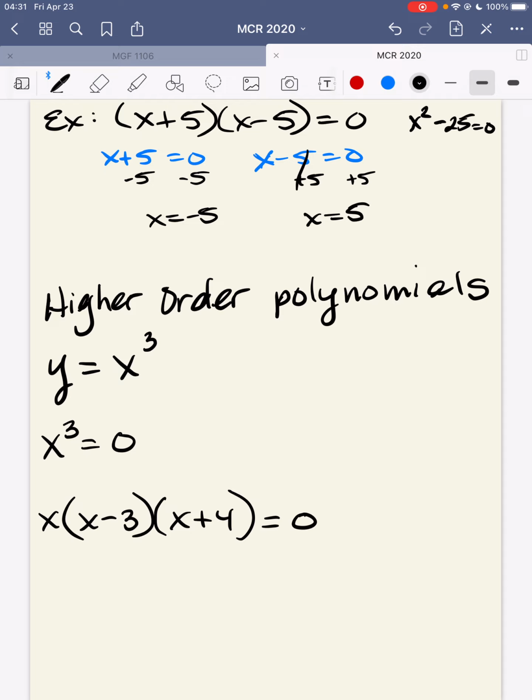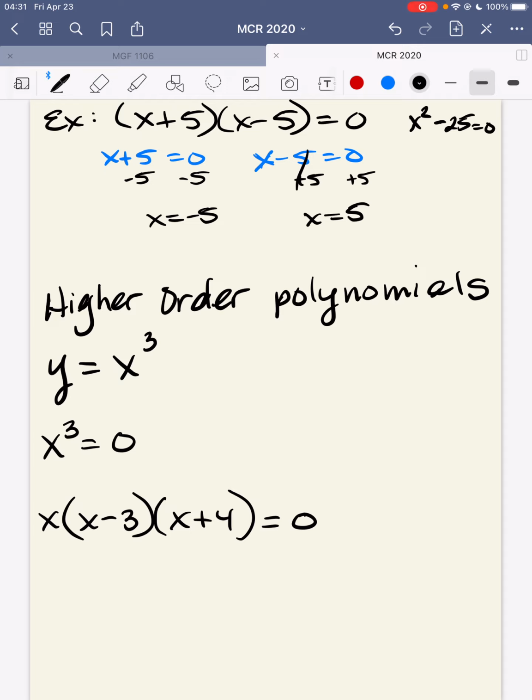Right? Let's look at one more type here. Now you can do this with higher order polynomials if they factor. All right? So I'm going to look at a cubic really quick. As long as you can set each piece equal to 0, it's still the same thing, because the one I'm giving you is factored already, and I factored it.